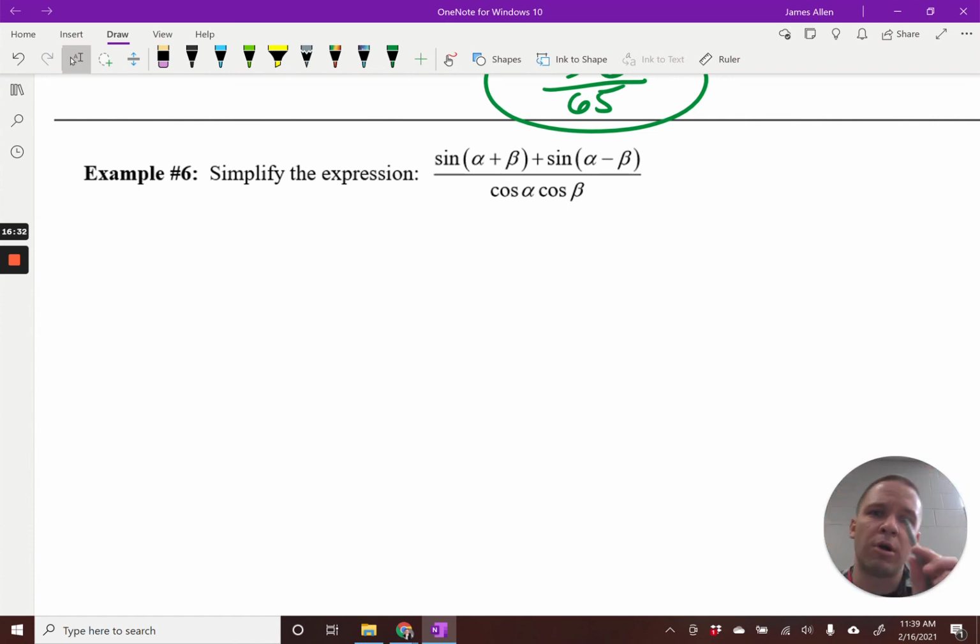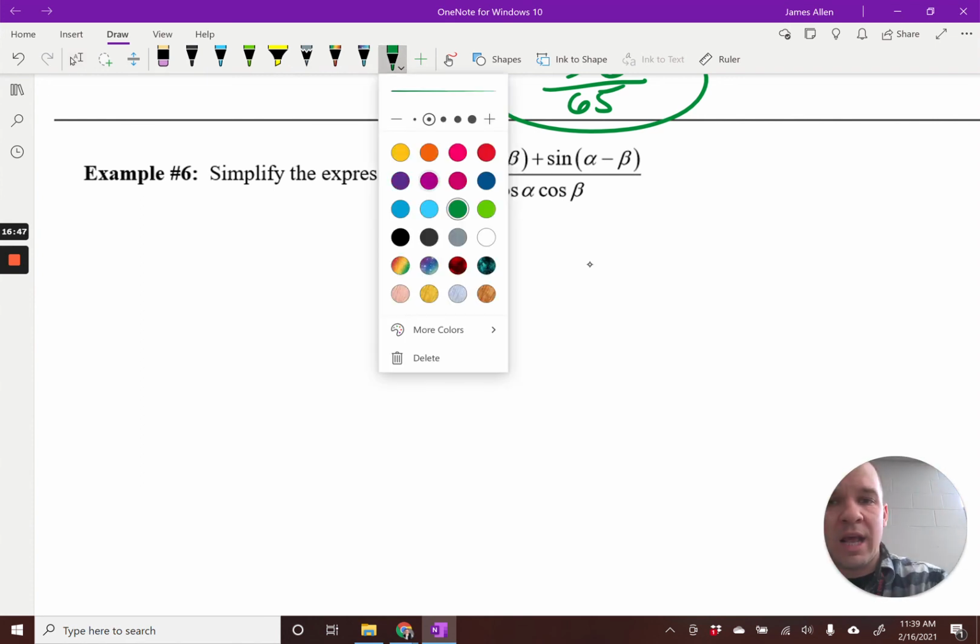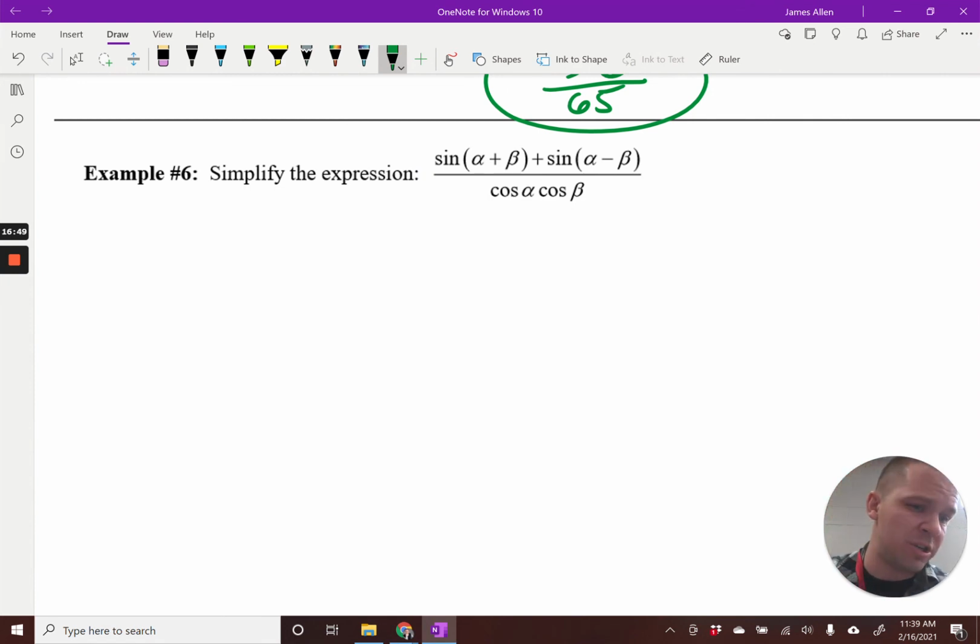And I'm thinking, perhaps, if I were to expand the numerator, I mean really expand this bad boy, perhaps I can group some things and cancel out. Let's see what happens here as I expand it. And just to keep things fresh and exciting, I'm going to change colors.